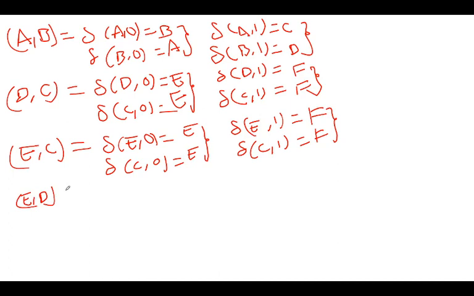Now ED is there. Transition of E comma 0, already mentioned in the above, is E only. Transition of D comma 0, ED comma 0, that is equal to E only.